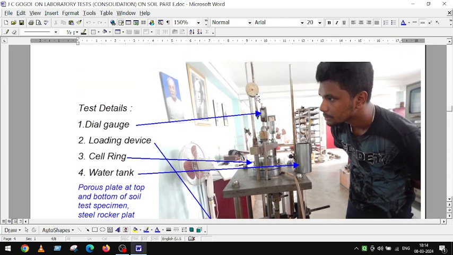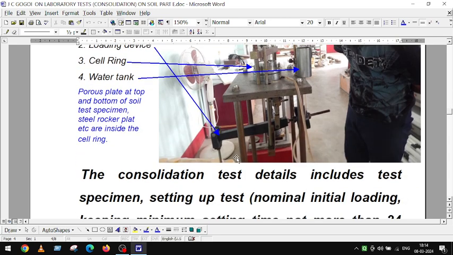And these are the dial gauges. This gentleman is recording. So this is the process.